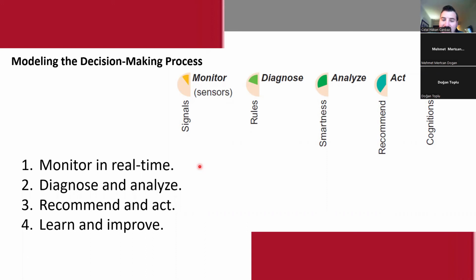The second one is diagnose and analyze. Once any maximum or minimum allowable value is exceeded, the system automatically diagnoses and classifies any events and anomalies, like the peaks that we showed, the frozen data or out-of-range values, you remember, okay?